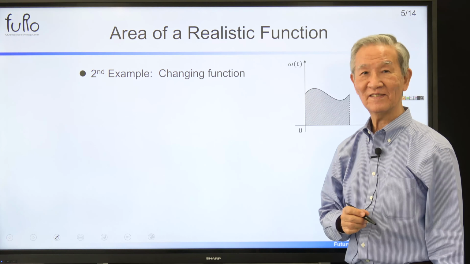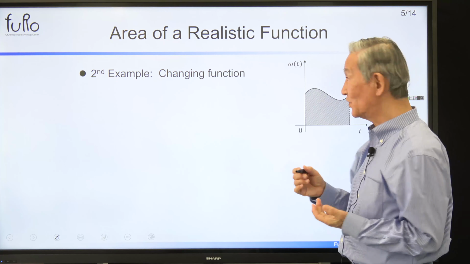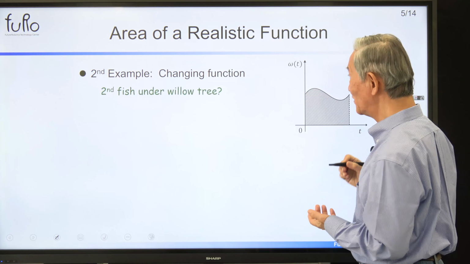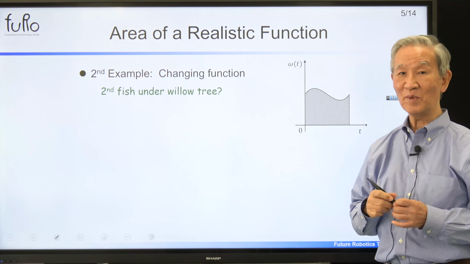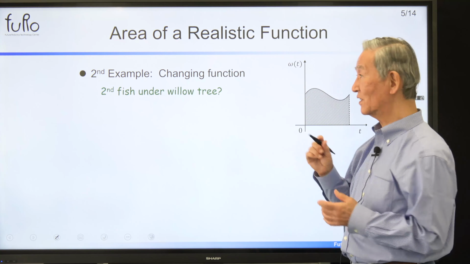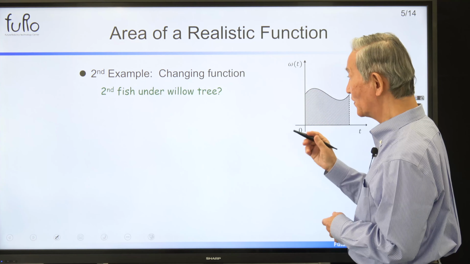A changing function. So how do you approach that problem? Well, engineers, second fish under the willow tree, remember that? It means that if you have a tool, then try to use that tool again. The tool we are talking about here is the rectangle.